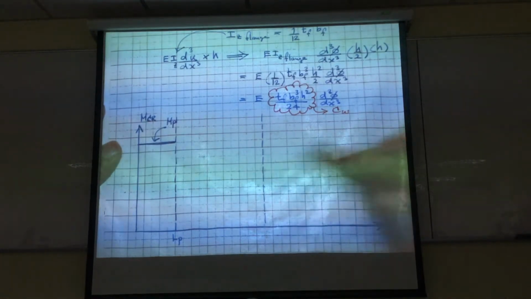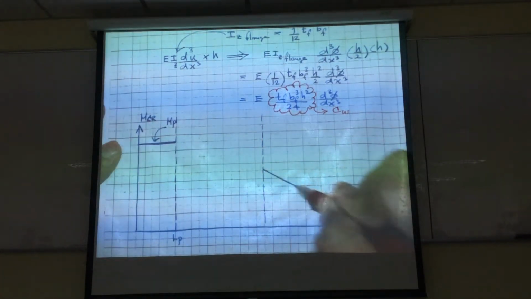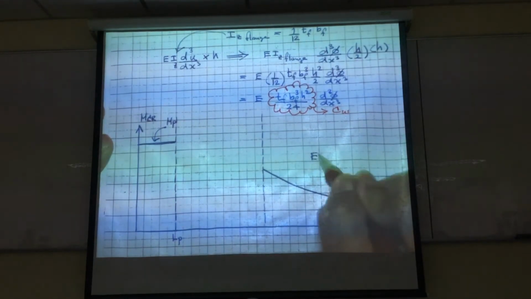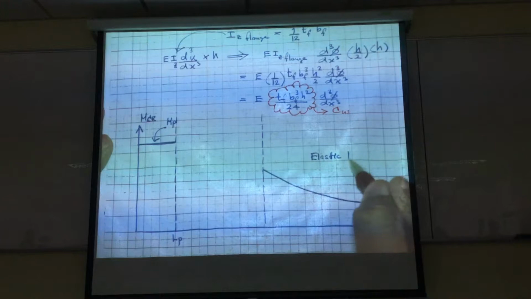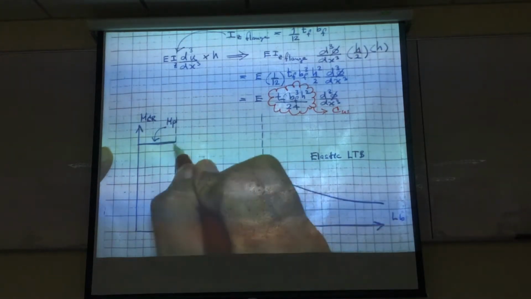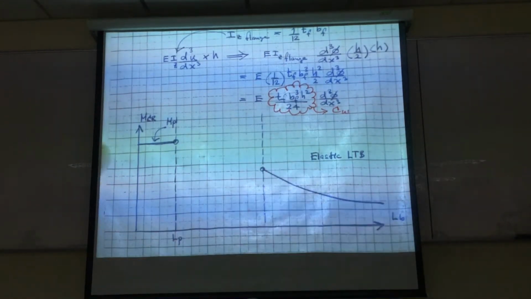Somewhere over here, elastic LTB, lateral torsional buckling. And then the connection between these 2 points is given by the linear interpolation.